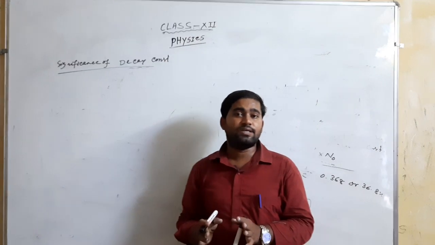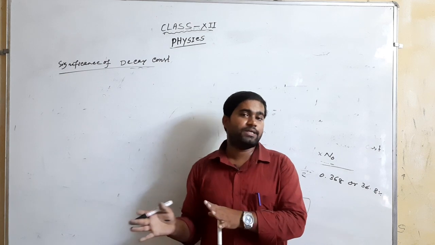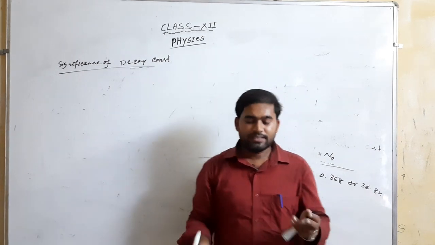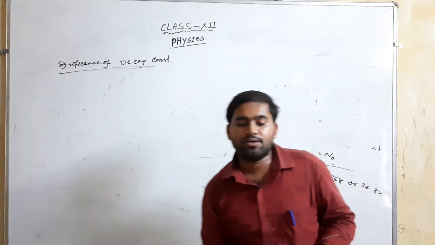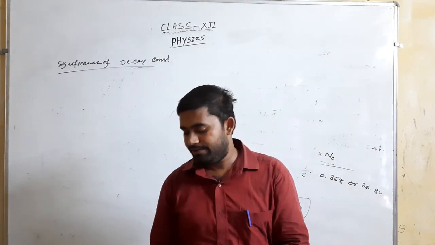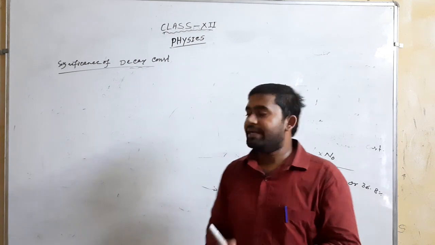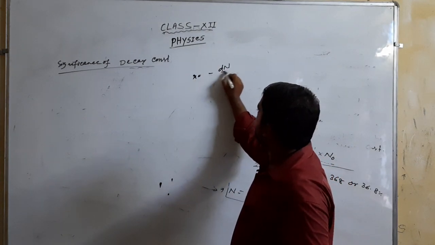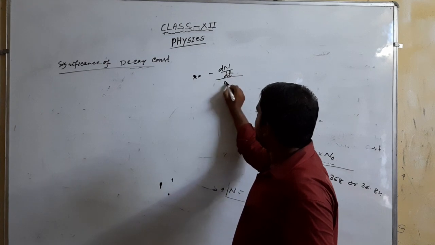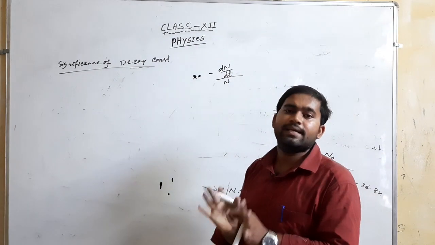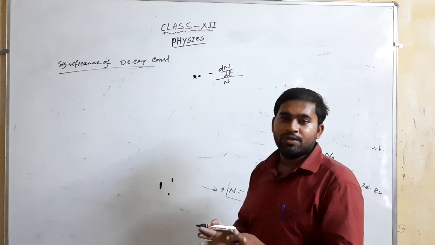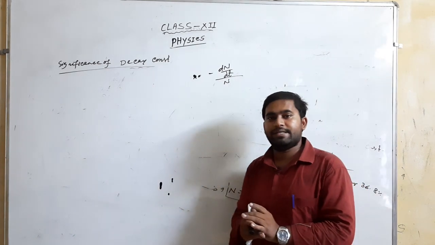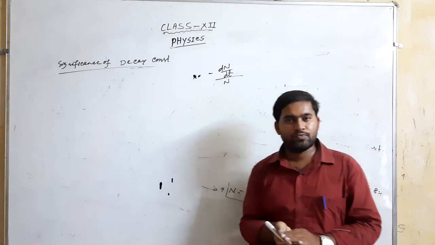It measures the rate of decay of a radioactive sample. Second, it determines the rate of decay, where lambda equals minus dN by dt divided by N. So the decay constant measures the rate of disintegration of any radioactive material or radioactive nuclei.